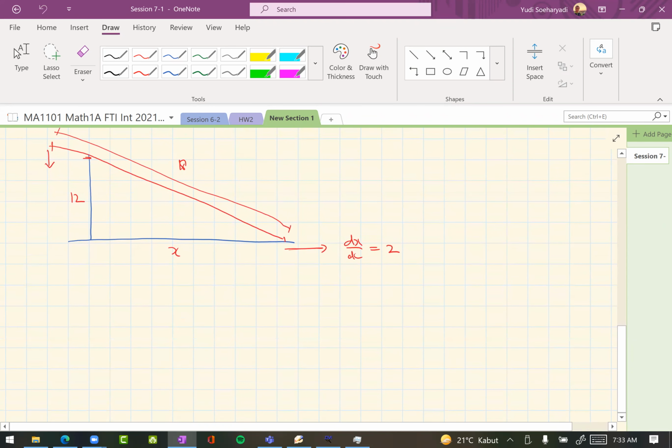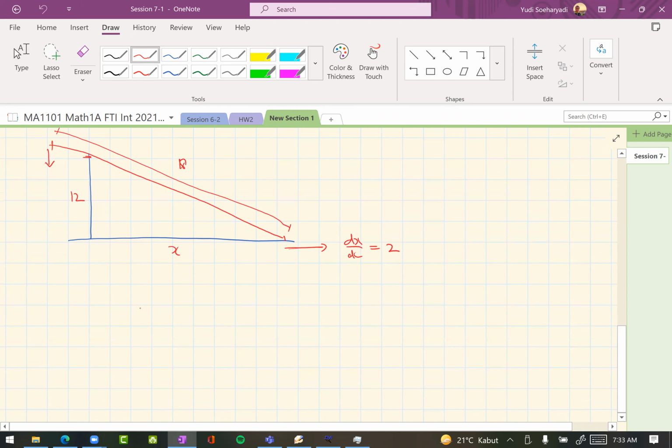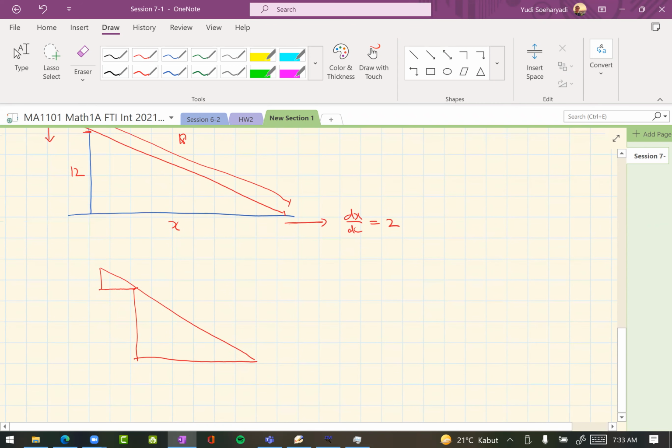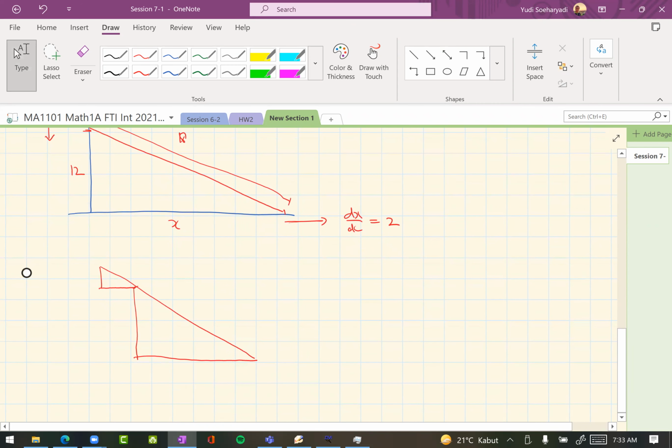Okay. But the thing here, this is the quite tricky part, is that this is the picture. You have two triangles, right? So the whole thing is 18.